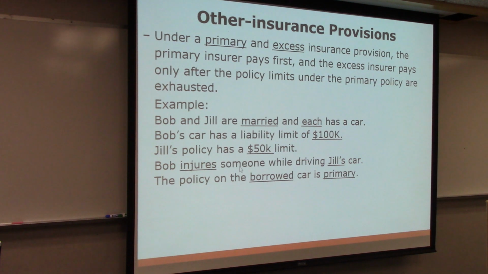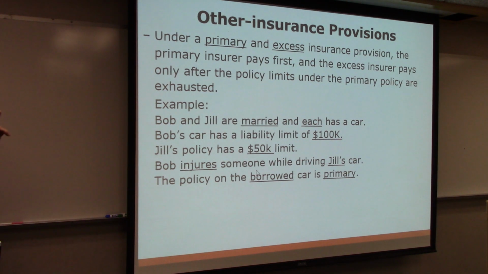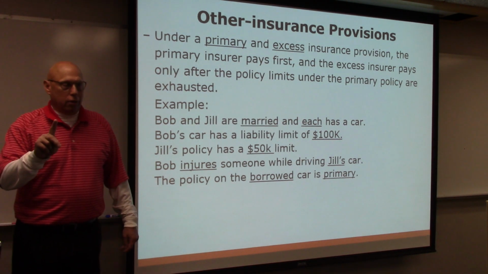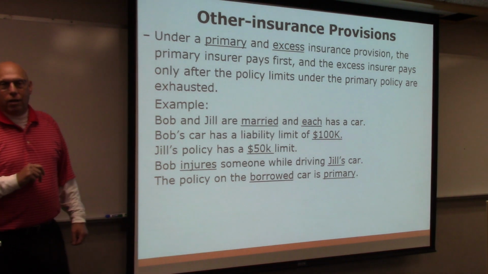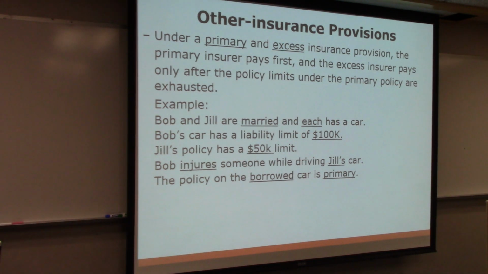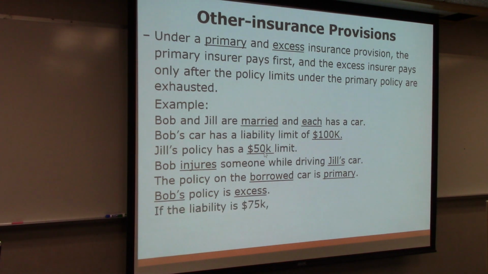The policy on the borrowed car, 50,000, is primary. This is automobile insurance, and we're going to get into auto insurance. Once again, it can get a little bit sticky. So who's primary? Jill's policy, 50,000. Bob's policy is excess.